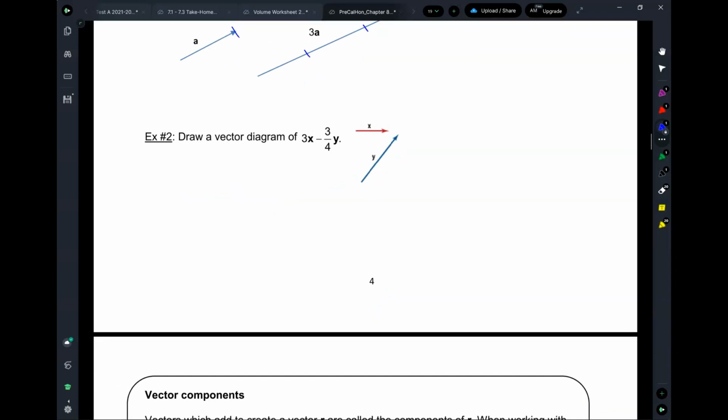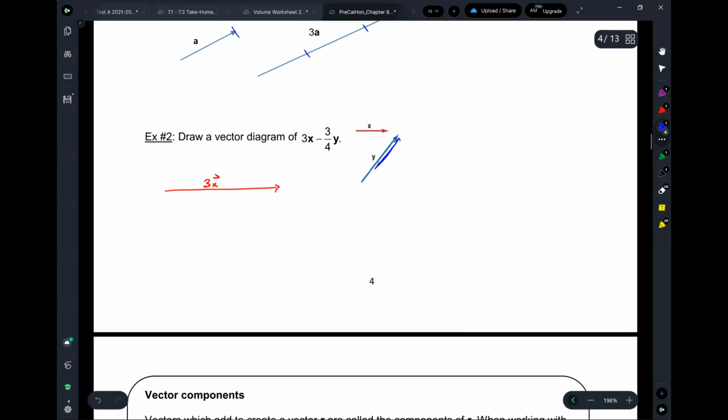Take a look at what we have here. I have vectors x and y. What I want to draw is 3 times x minus 3/4 y. If I were to draw 3x, what would that do to that x vector? Make it 3 times bigger, right? It wouldn't change the direction. The other one is negative 3/4 y. First of all, how much is 3/4 y? What would happen to that vector? It's smaller, 3/4 the size.